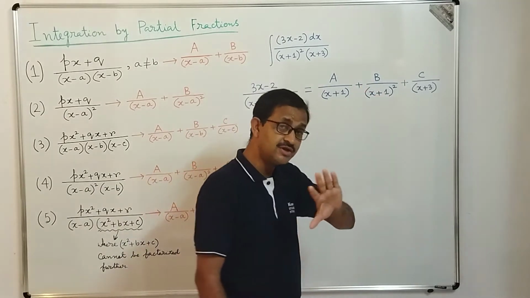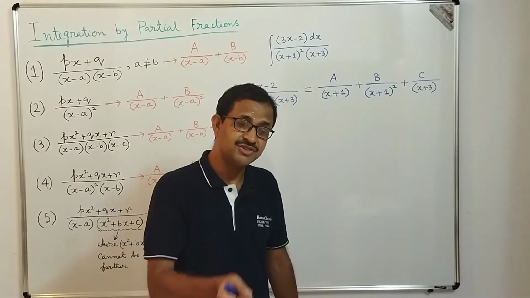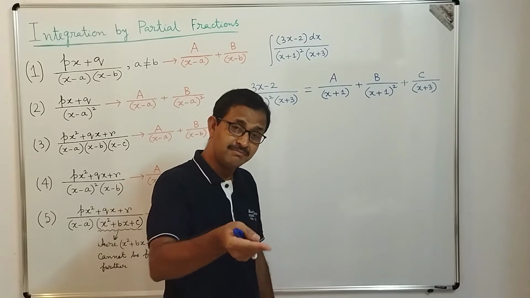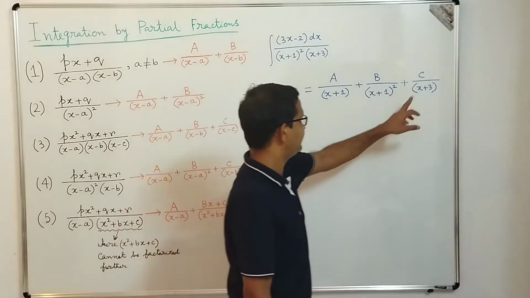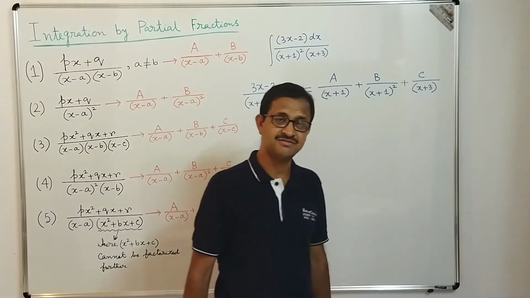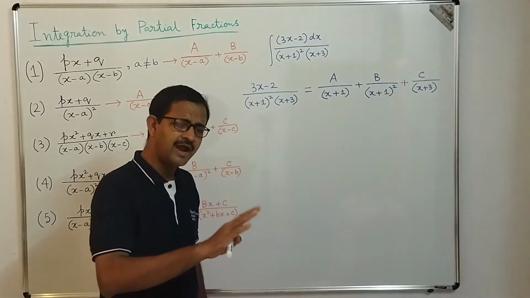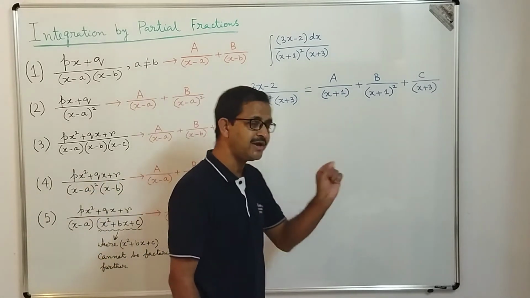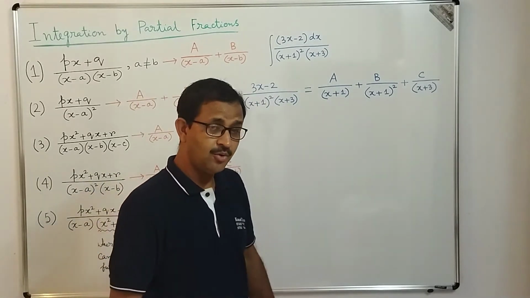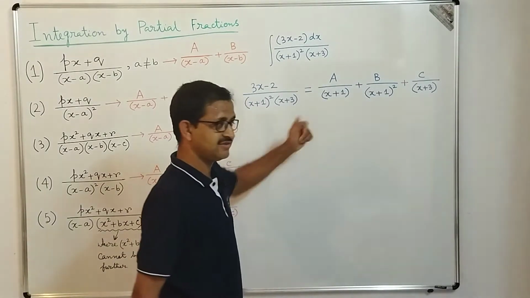Integration of dx by x plus 1 whole square is equal to minus 1 by x plus 1. And C should be outside of the integration. C into integration of dx by x plus 3 is equal to log of mod x plus 3. And for each of these integrations, there will be one integrating constant. Now you see that it is so easy to perform the integration on the right hand side.